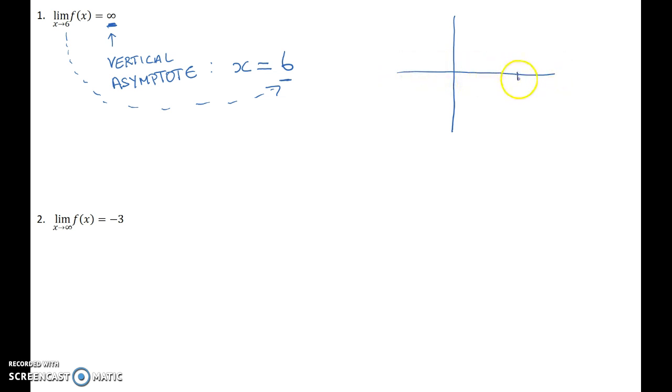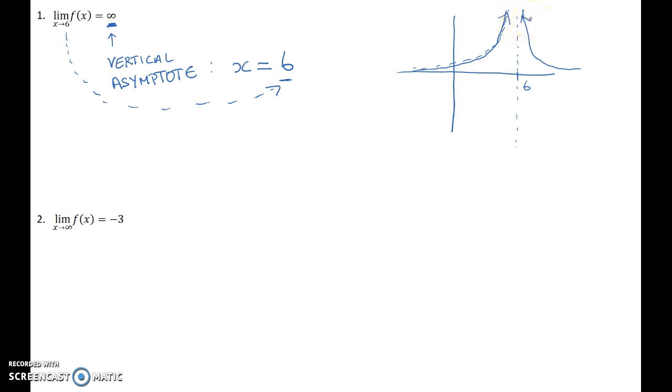So let's say this is x equals 6. And we know the limit as x approaches 6 is going to infinity. So it's possible that the graph would look like this. And again, as you approach 6 from the right hand side, going off to infinity. So that's what it would look like.